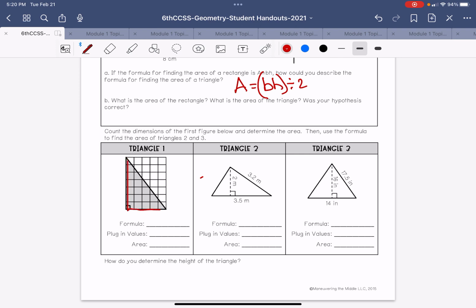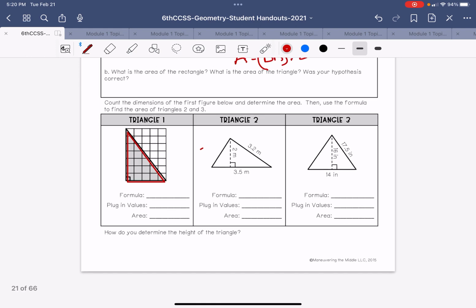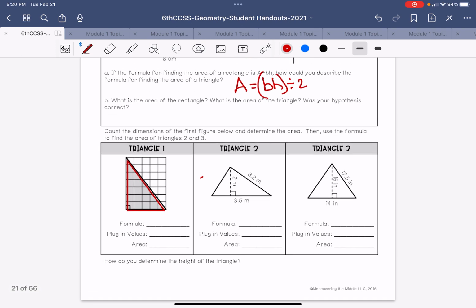Here's the base because the height makes a 90-degree angle to the base. And this side measurement over here will not be a number that you will use for finding area. So the formula, area equals base times height divided by 2.